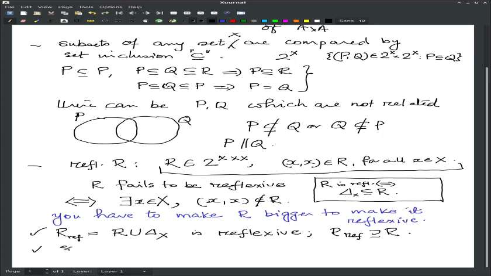Suppose S is a reflexive relation and S is larger than R. I am giving it.